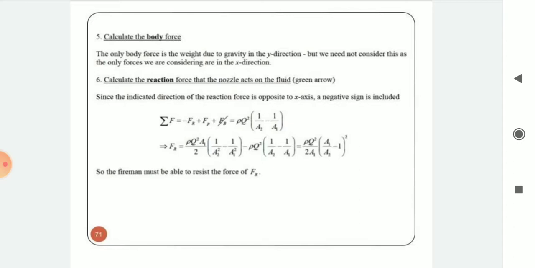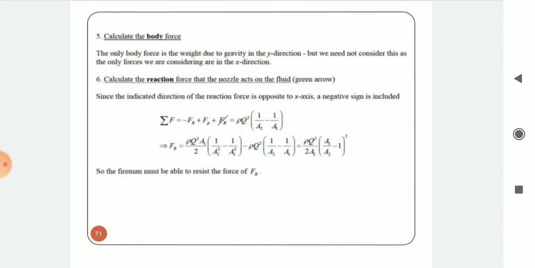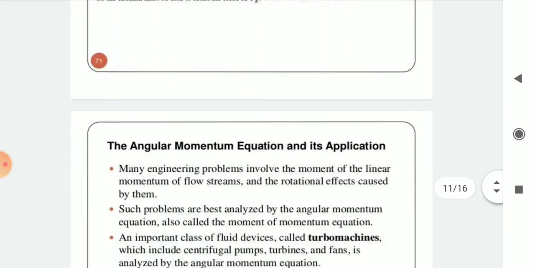By solving it, Fr is equal to rho Q square A1 divided by 2 in bracket 1 upon A2 square minus 1 upon A1 square, minus rho Q square into 1 upon A2 minus 1 upon A1, equal to rho Q square divided by twice A1 in bracket A1 upon A2 minus 1 bracket square. So the fireman must be able to resist the resultant force, that is Fr.